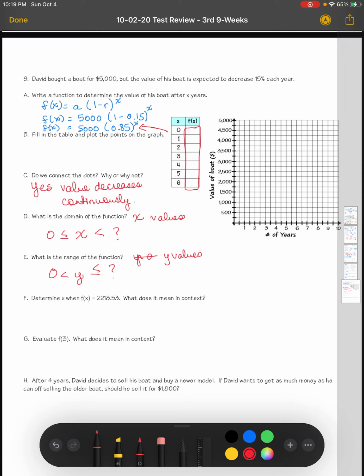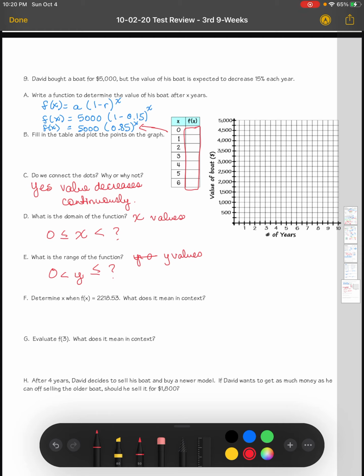amount. Determine x when f of x is equal to $2,218.53. What does it mean in the context? So you're trying to determine how many years will it take before the boat is worth $2,218.53. How many years will it be worth that amount? So you should be able to tell that from your graph that you did.